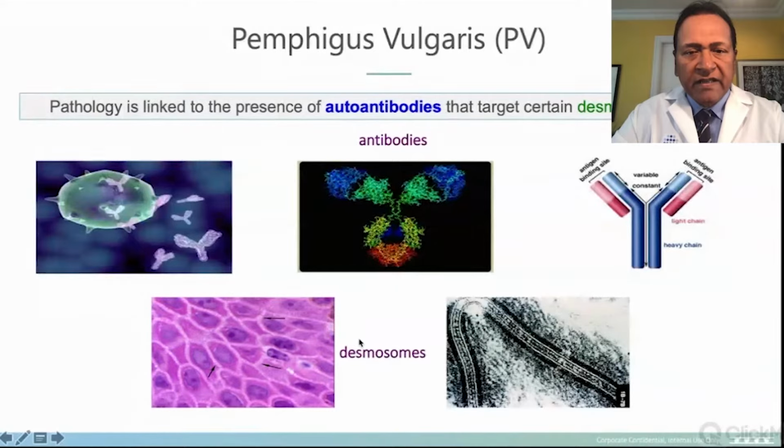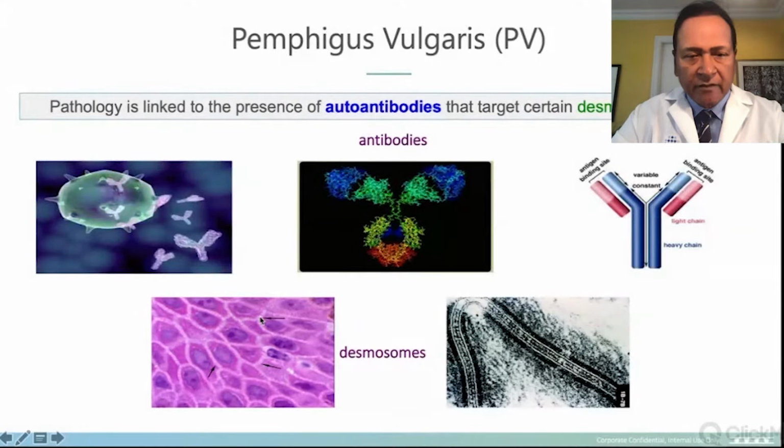And the key targets, as I said, in pemphigus vulgaris are within the desmosomes. And on the bottom left is a light microscopy figure of keratinocytes. And you can see the desmosomes a little bit if you look very hard, as these little spiky things that connect the keratinocytes.